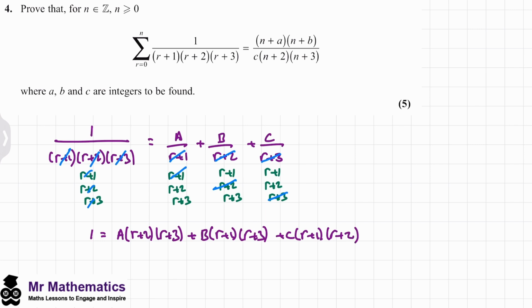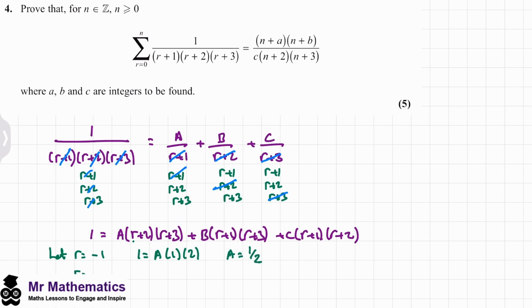Then to work out the values of a, b, and c, we need to make each of these brackets equal 0. So if we let r to begin with equal -1, then that will make this one equal 0, and it will make the c term equal 0. So we're left with 1 will equal a, -1 plus 2 is just 1, and -1 plus 3 is 2. So a will equal 1/2.